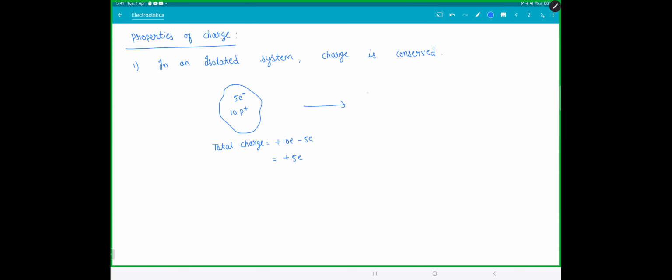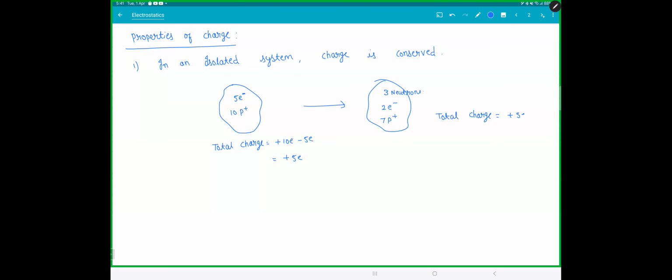Now let's say some of these electrons combined with the protons, and let's say you have created 3 neutrons. And let's say we have 2 electrons and now we have 7 protons. Now if you see, the number of charged particles have changed, but the total charge still remains the same. Neutrons are neutral.